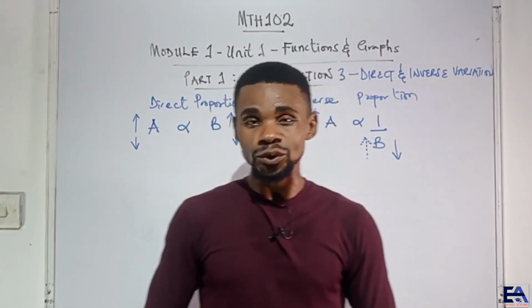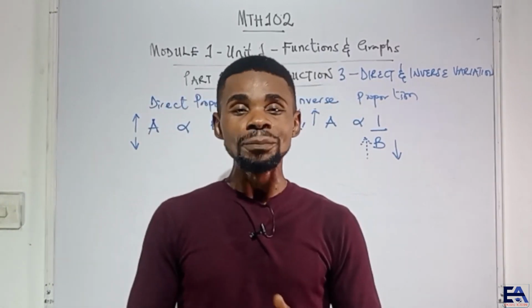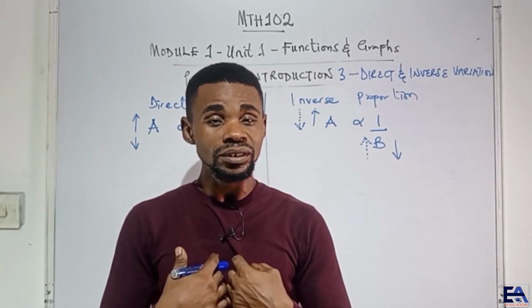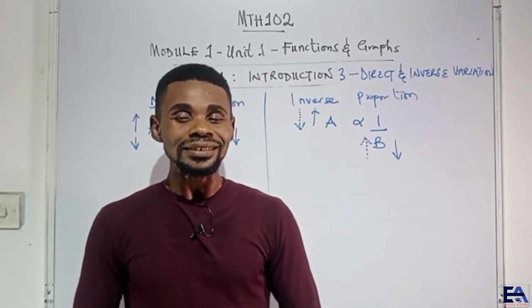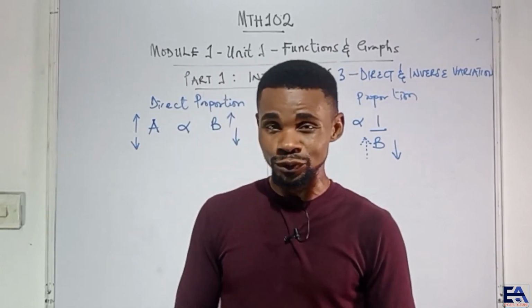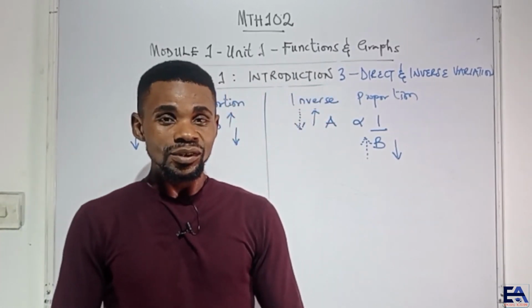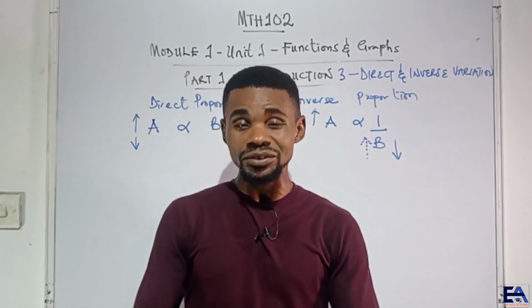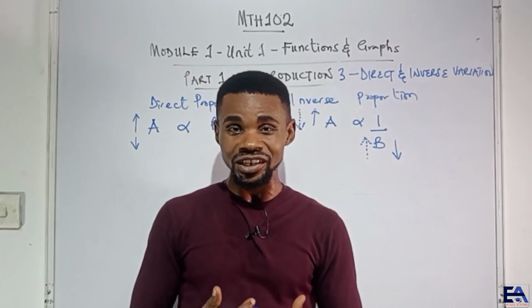The size of my stomach after a meal is directly proportional to the amount of food I eat during the meal. It means that if I take 10 wraps of fufu, my stomach will be big. And if I manage to take 20 wraps of fufu, my stomach will be double the size it was initially for the 10 wraps.